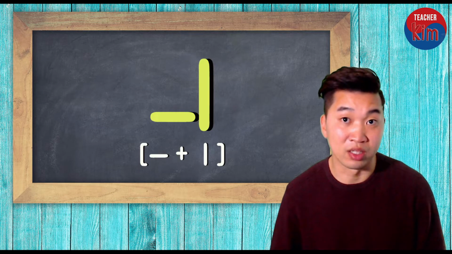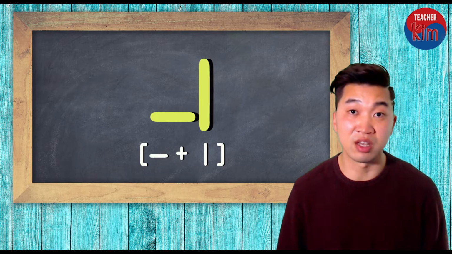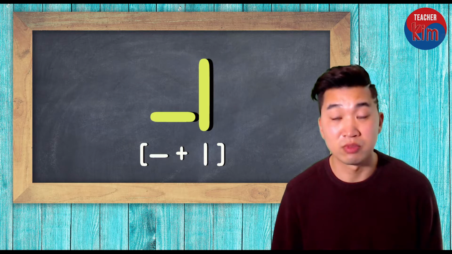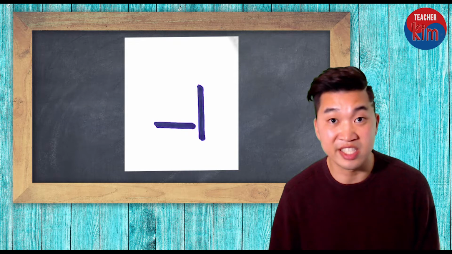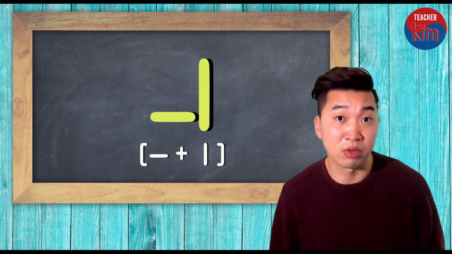This is the last one. As you see, this is composed of vowel U and E. Writing is simple, just draw a horizontal line and a vertical line. Easy. But the problem is pronunciation.